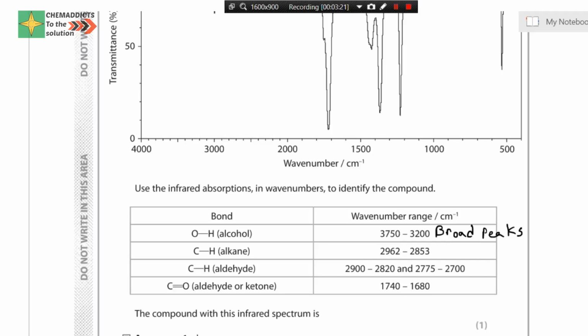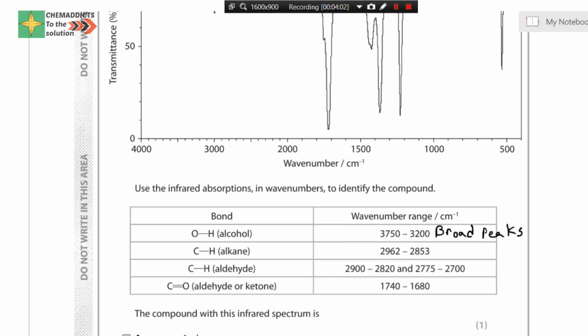As you can see, there is no carboxylic acid data given. For carboxylic acid, the peak should be very broad, because it contains OH and CO, so it gives very broad peaks. Since carboxylic acid is not given here, we don't even bother about it. We are just gonna leave that behind.